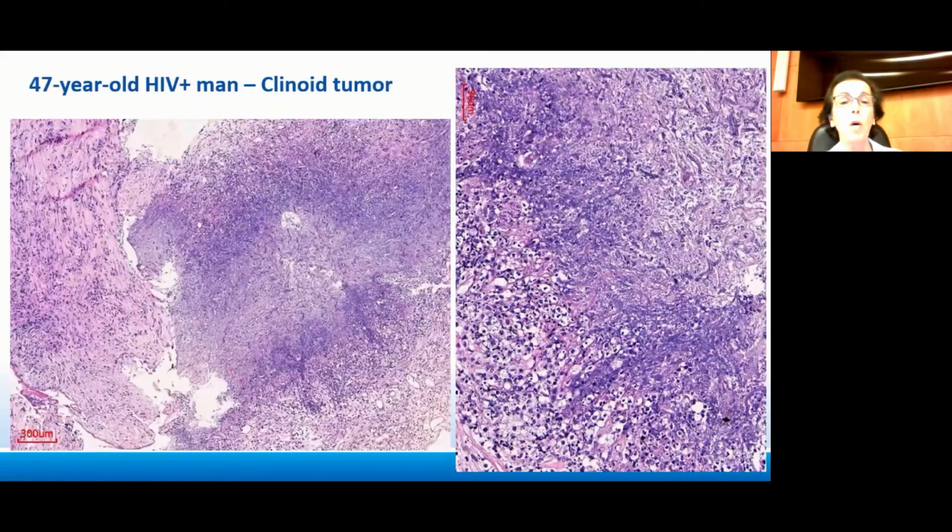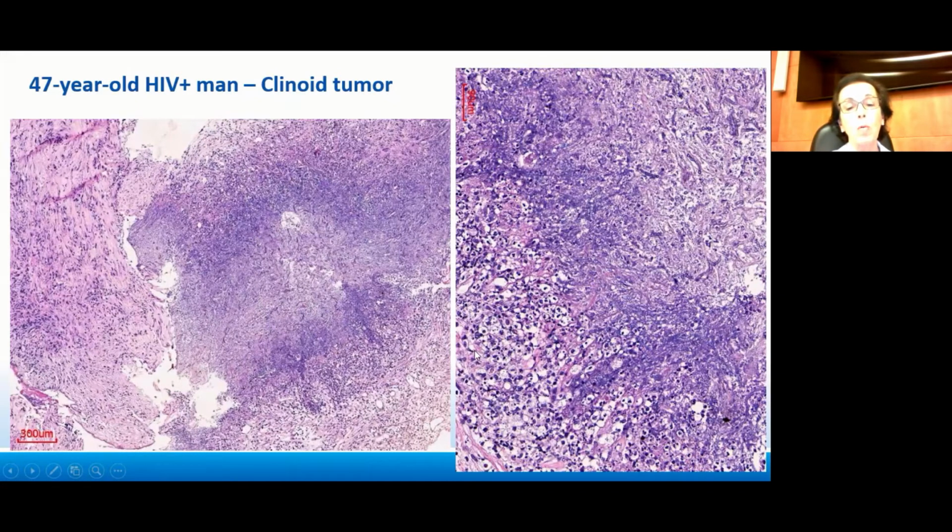Now, a case we had recently here, I think 2 or 3 years ago, was operated as a clinoid tumor in a 47-year-old HIV positive man. When you look at the histology, there was inflammation, fibrosis here on the left, and this basophilic area here.